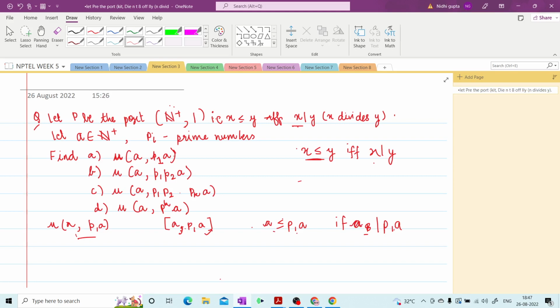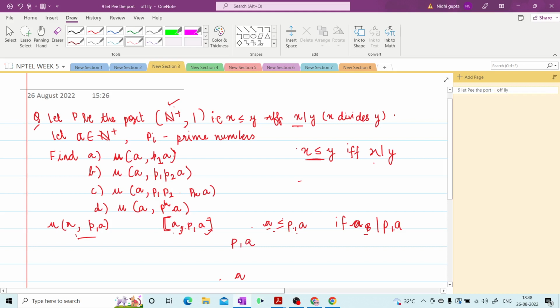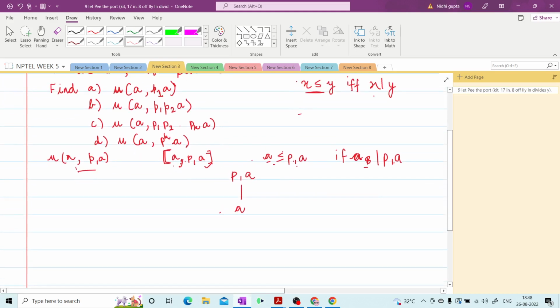Now if you want to consider the Hasse diagram for just this interval, this is a big poset, but we get that a is less than or equal to p1a, so p1a should come above a in the Hasse diagram.